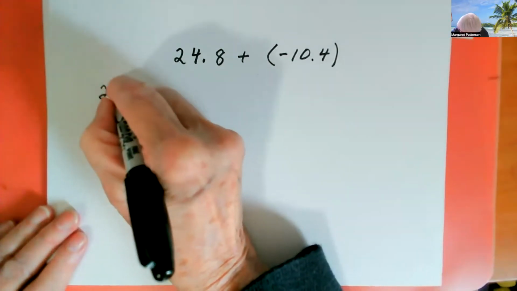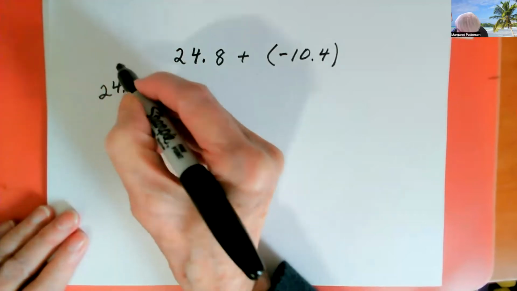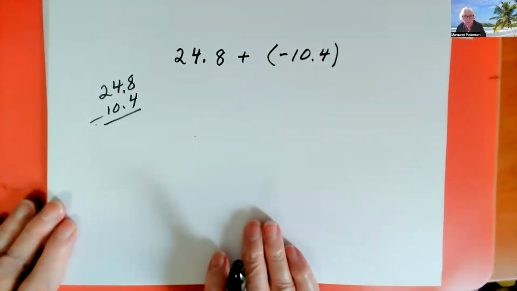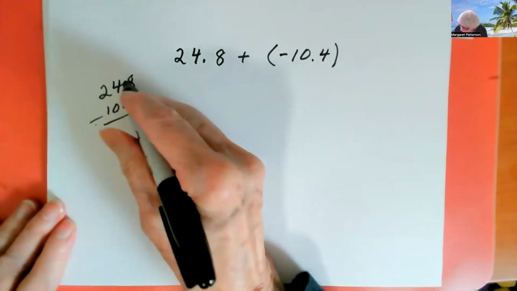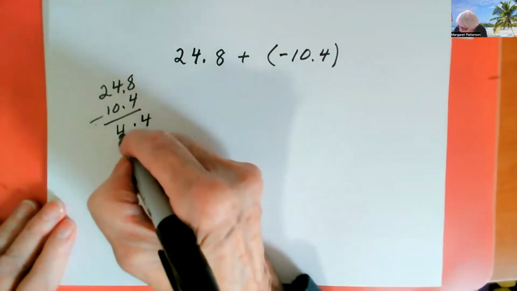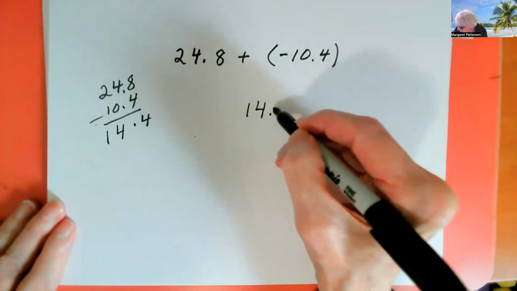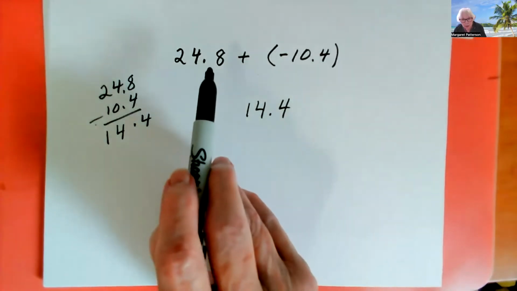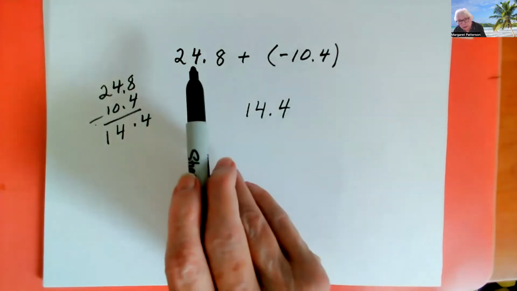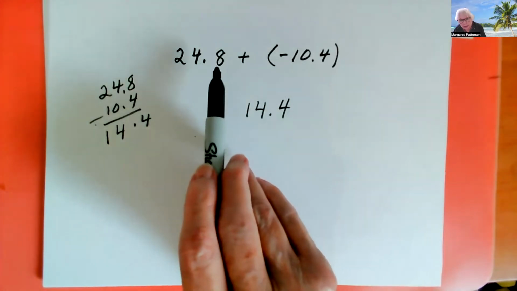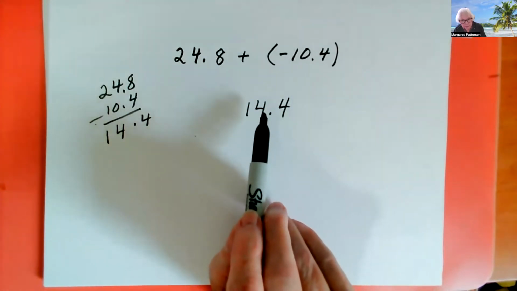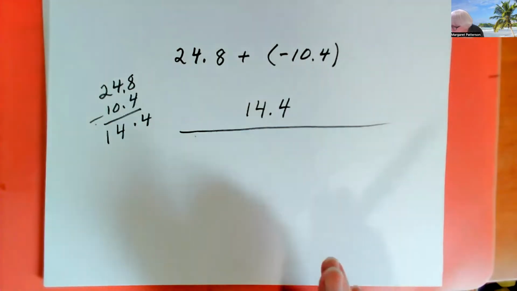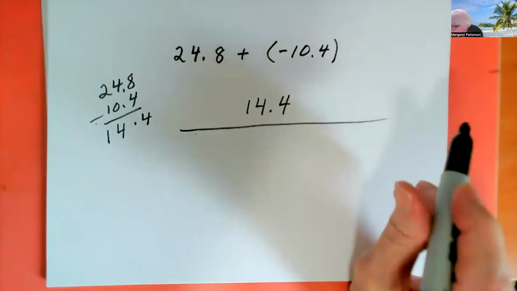And I'll put the bigger number on top, 24.8 minus 10.4. 8 take away 4 is 4. This is 4. This is 14.4. I've got the right number. Now I have to decide what is the correct sign. And so this is positive. This is the bigger one. So this stays positive. And if you look at it a little bit, you think, oh yeah, that makes perfect sense. Maybe it does, maybe it doesn't.